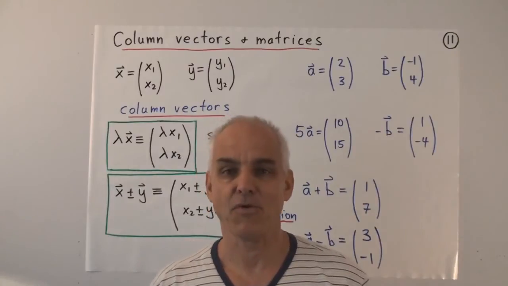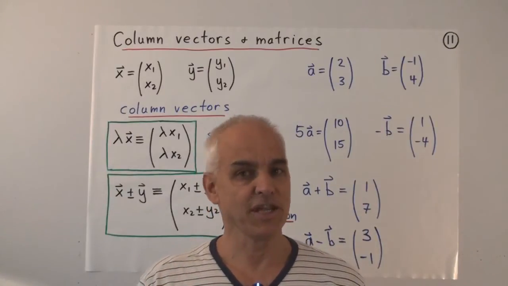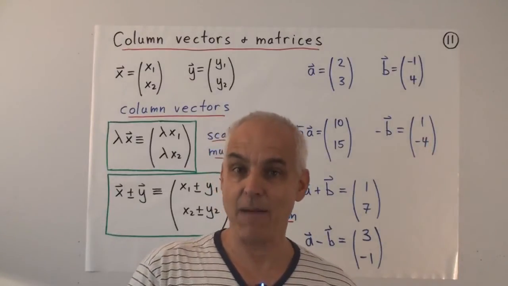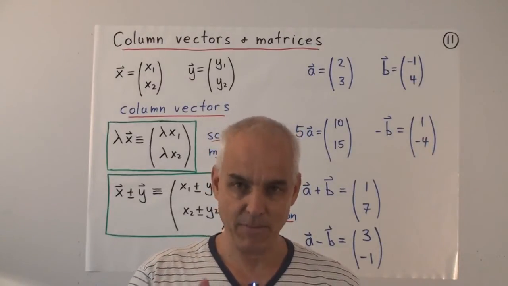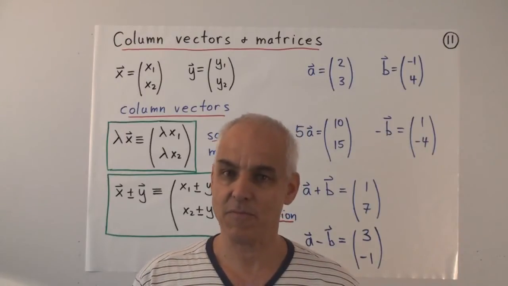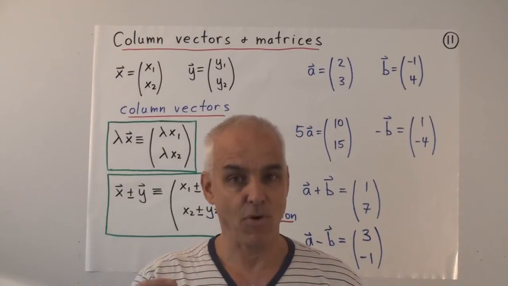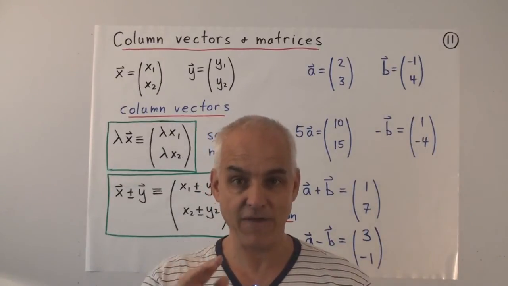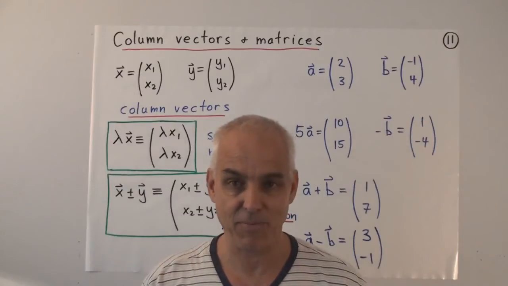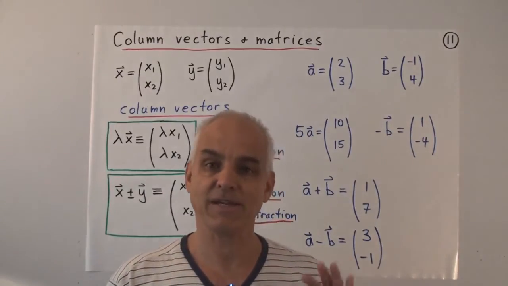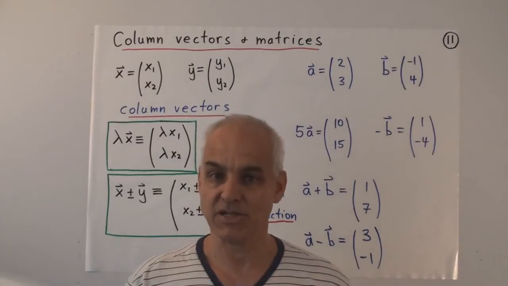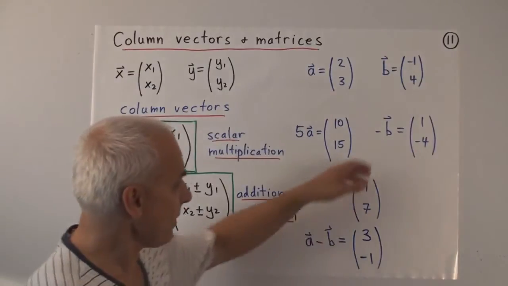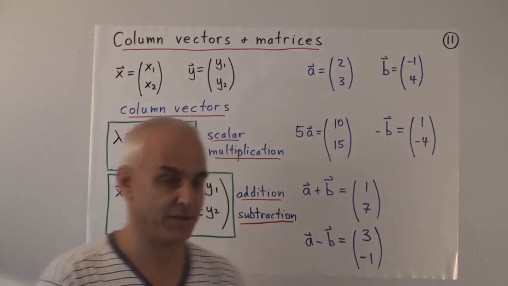It makes sense, therefore, to think about introducing this notation and this arithmetic completely independently of any application. And that's what I'm going to do now. I'm going to almost start from the beginning. And in some courses in linear algebra, this is actually where we start. So you could imagine not having listened to any of my prior videos, and I'm now going to start by telling you what vectors and matrices are, or what column vectors and matrices are, and how their arithmetic is defined.